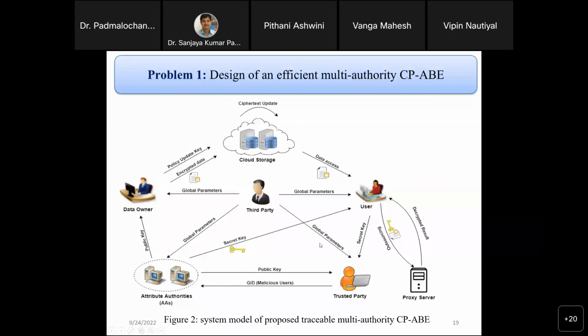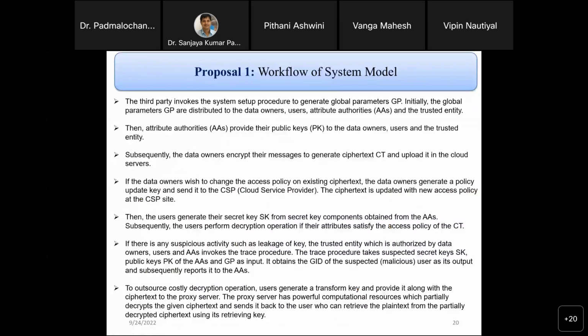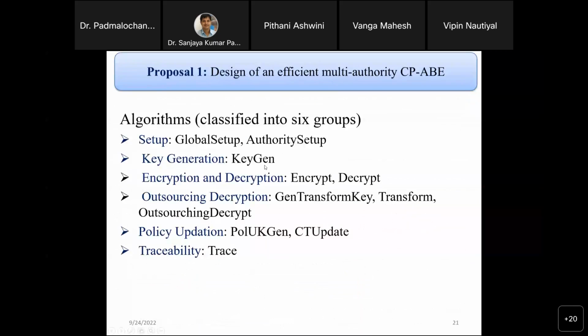Right. So these are the algorithms which are used: setup, key generation. The setup has two components: global setup and authority setup procedures. Key generation is generation of keys. Encryption and decryption, encrypt and decrypt. Outsource decryption, this is get transform key. If decryption is outsourced, then the secret key is transformed, and that key is shared with the proxy server.